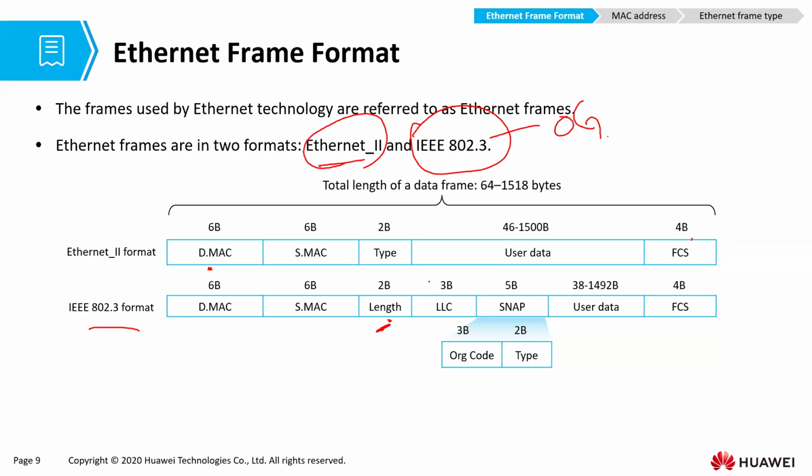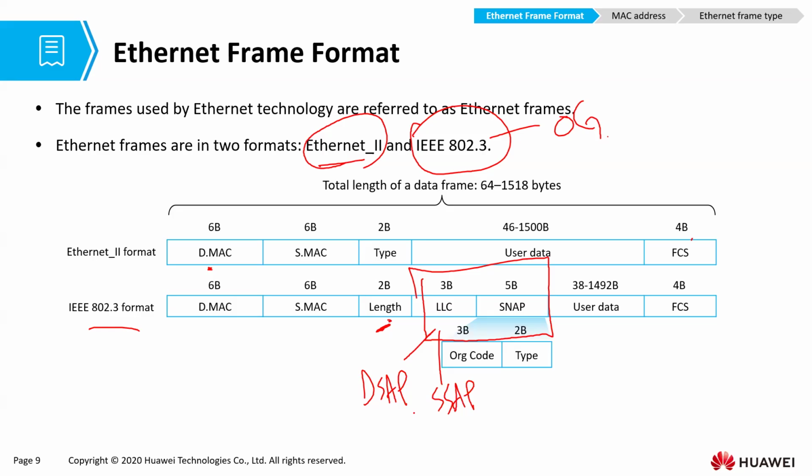And then you have two more fields, LLC and SNAP, where LLC contains the DSAP, destination service access point, and also the source service access point.